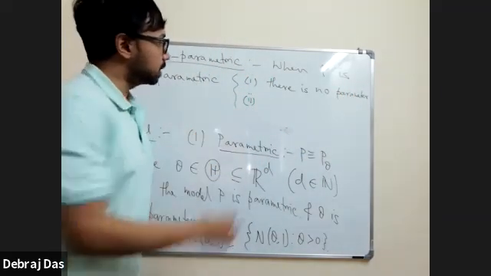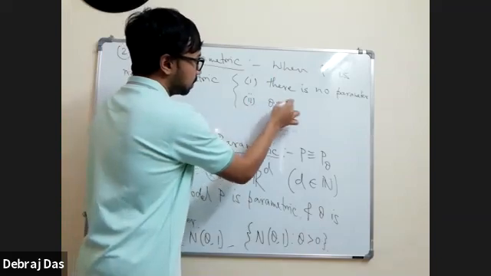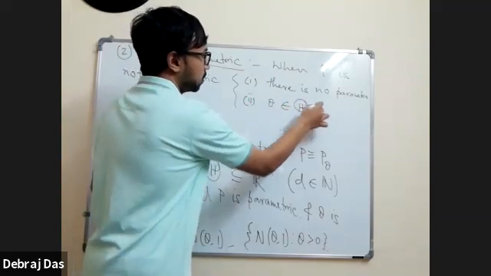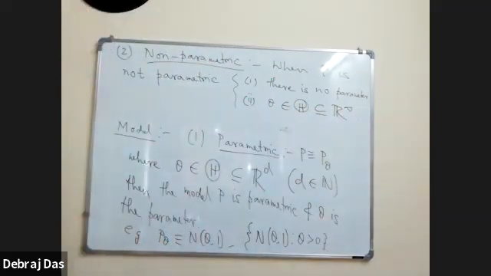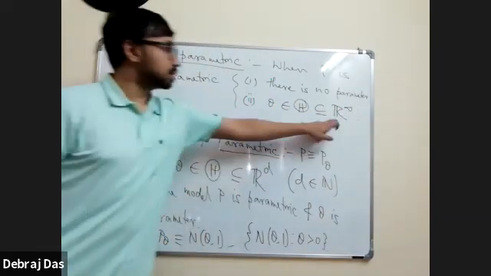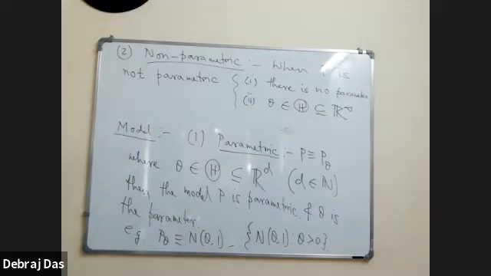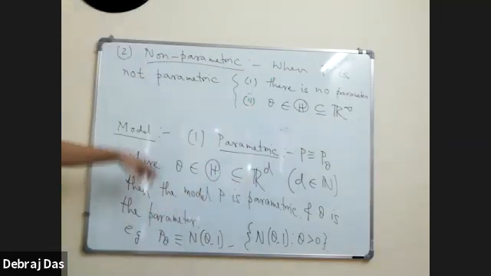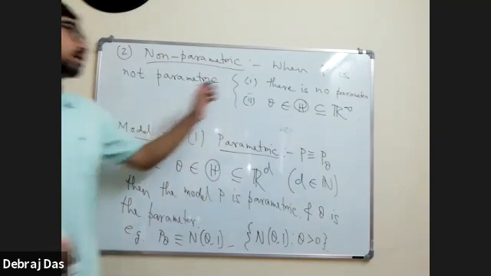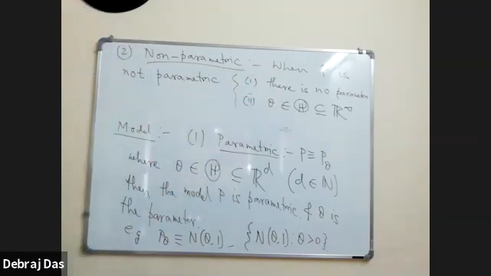The second possibility is that this theta belongs to some parameter space, which is actually a subset of R infinity. Okay. So this is simply the sequence space, and if theta is a subset of that sequence space, then actually the model is non-parametric. And if there is no parameter, then it's non-parametric, obviously.